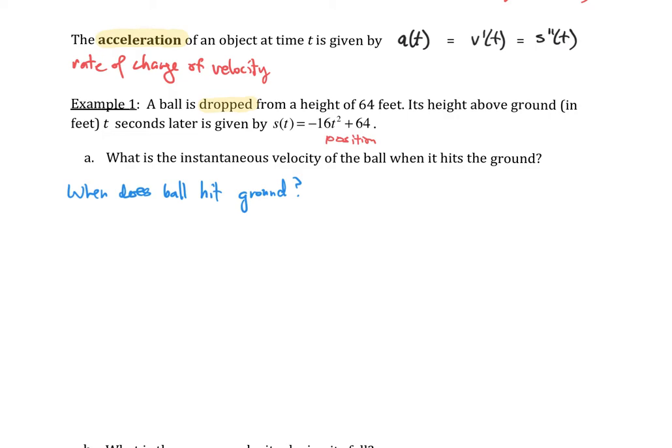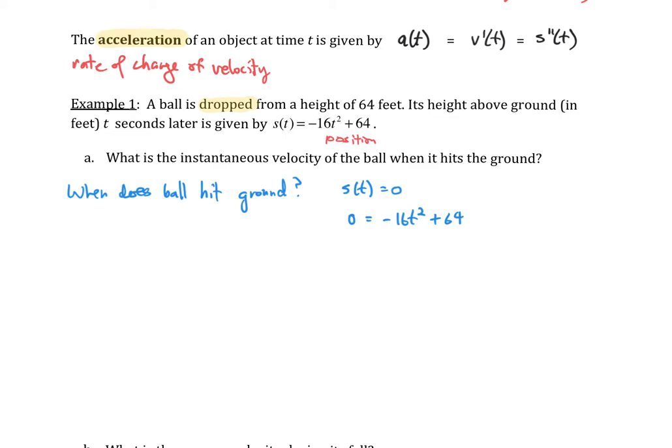The ball hits the ground when the position s of t is equal to 0, because 0 is considered ground level. So we take our position function and set 0 equal to negative 16t squared plus 64, and we want to solve that.